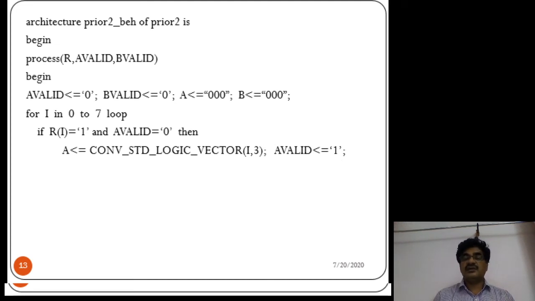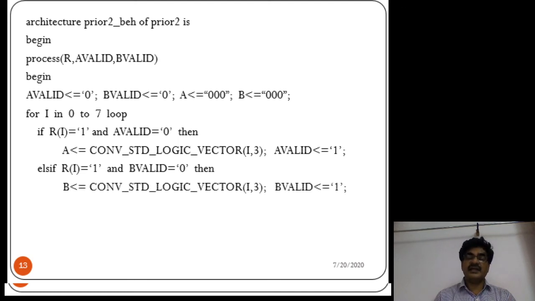Suppose it fails, in the sense that either that location value may be 0 or A valid equals 1. In that case we need to check the else if part, with B valid also checked. The second part is helpful to know the second priority data. Suppose in the first iteration I of 0 has 1 and A valid becomes 1.